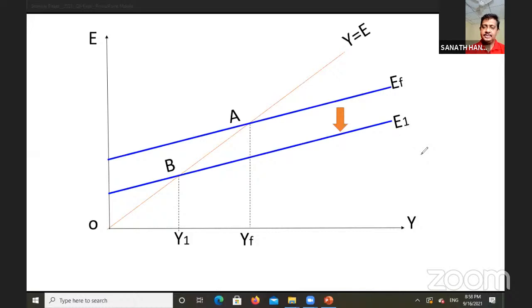Tax has an indirect impact on the aggregate demand through consumption.